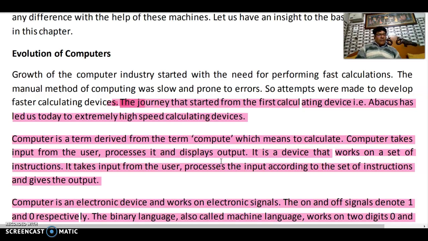Once you switch on, the washing machine will take the inputs and process them, so that the clothes get clean, and after that it will give the output, that is the washed clothes. So input, process, and output.